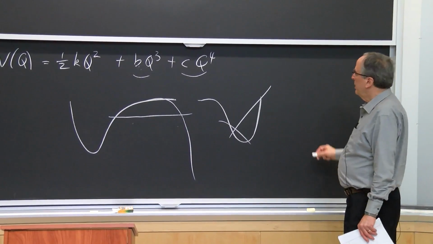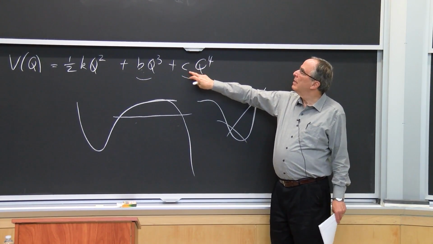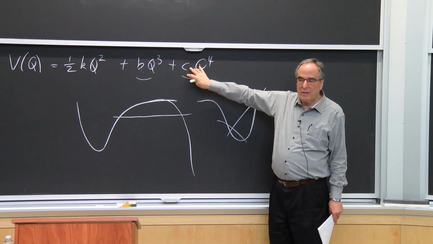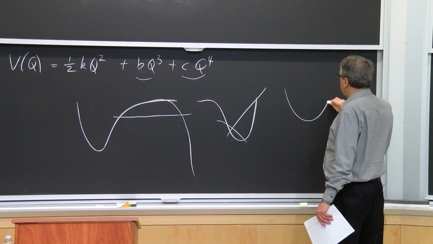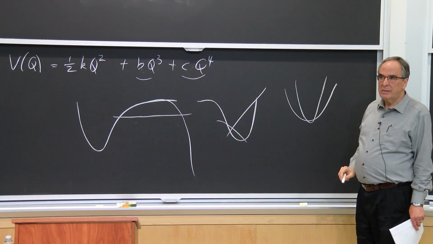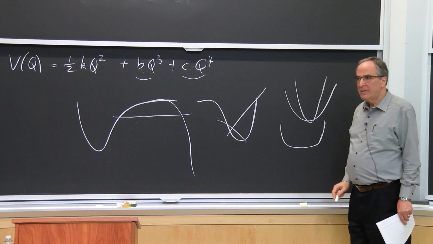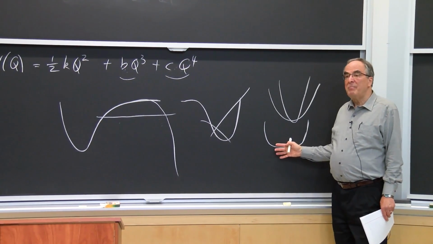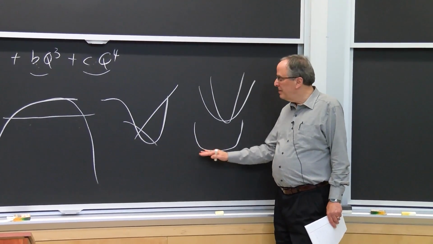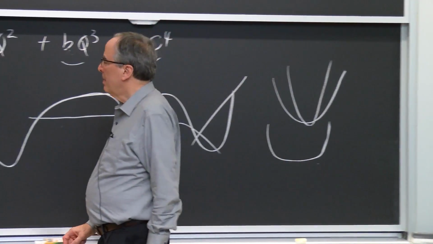Well, one thing that Q does is if C is positive, instead of having a harmonic oscillator, it makes it steeper. And if Q is negative, it makes it flatter. This is typical of bending vibrations. And so bending vibrations tend to have flat bottom potentials, but there's also something else.